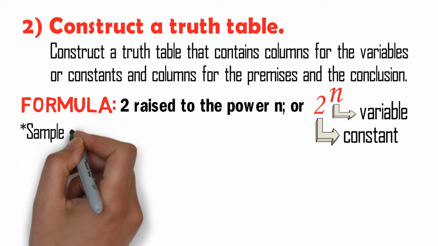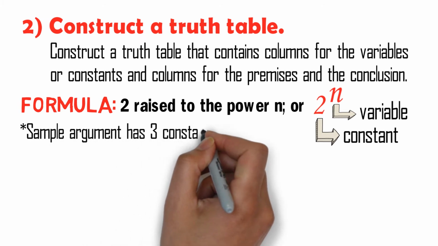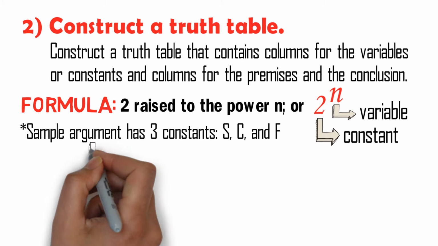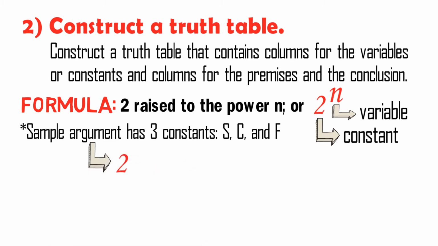And so, since the sample argument contains 3 constants, namely S, C, and F, the formula now reads 2 raised to the power of 3. So 2 raised to the power of 3 is equal to 8.